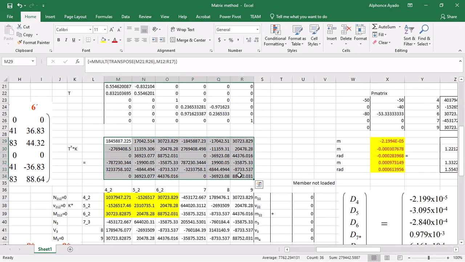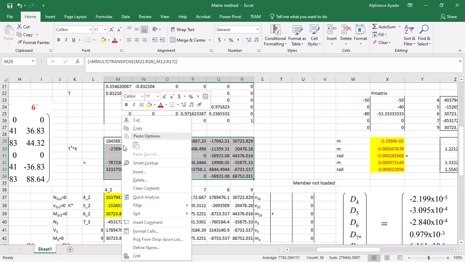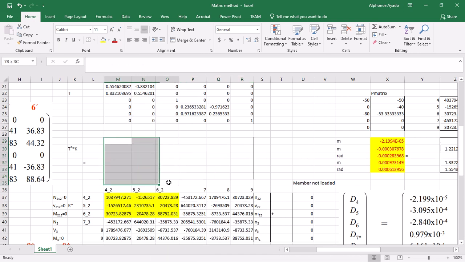So let me try to clear everything. Clear. So you see, this is the part we need.